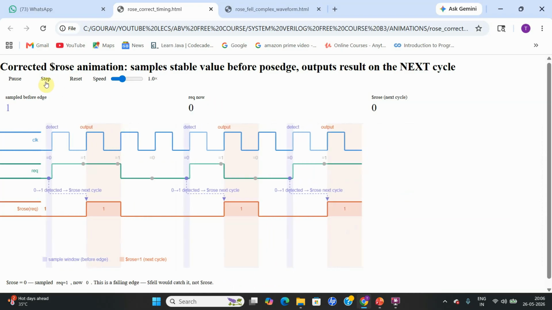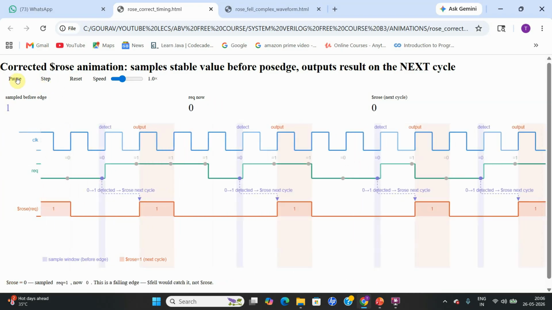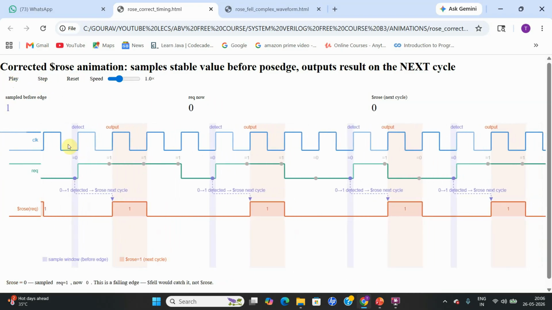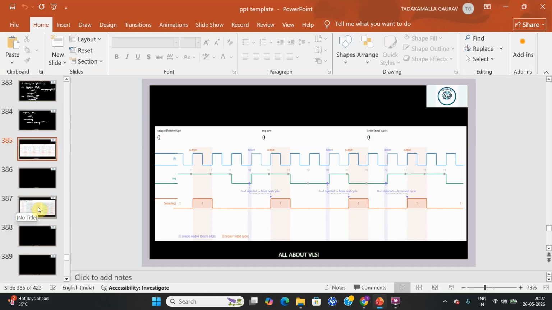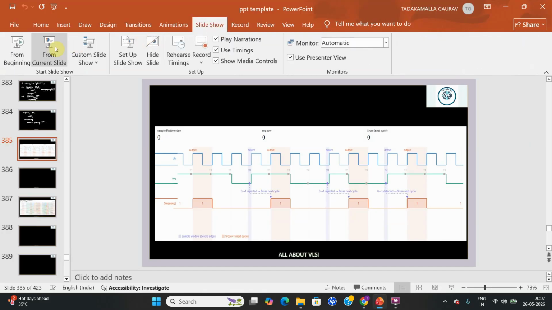Let's say we have this clock and this signal known as REQ, and we are going to use this function $rose on it. First, let us understand what $rose means, so let me share my screen.